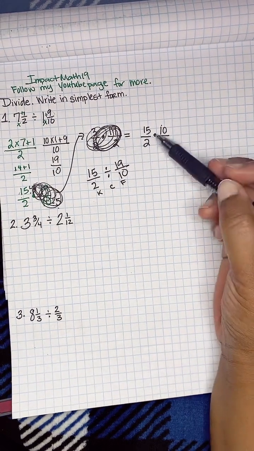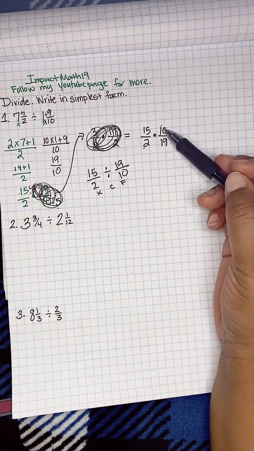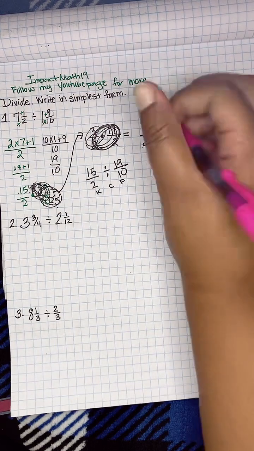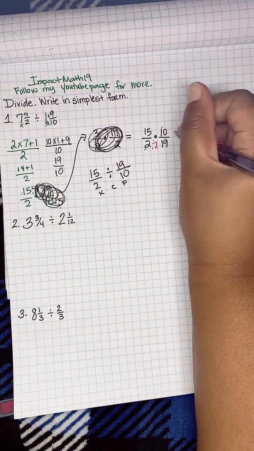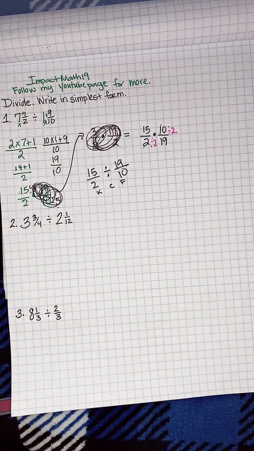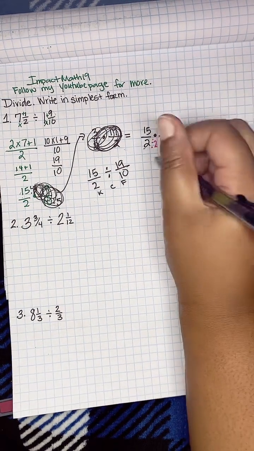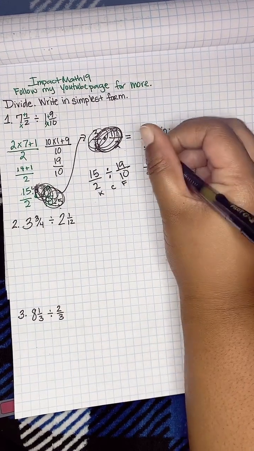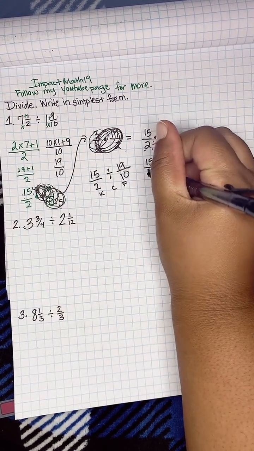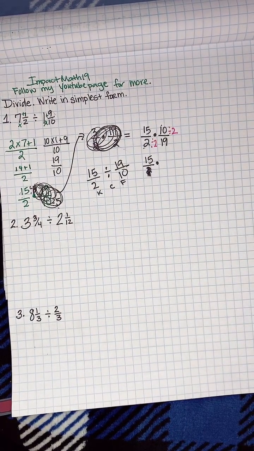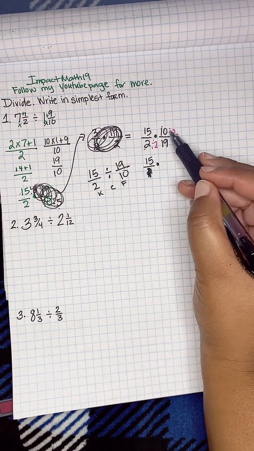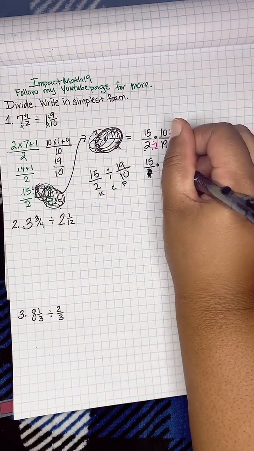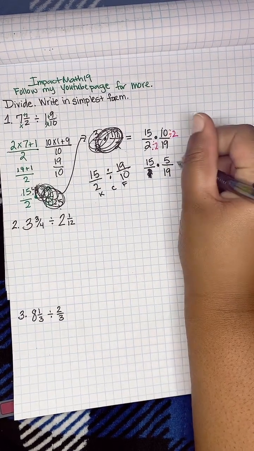So now we can cross simplify here by dividing this by 2 and dividing this by 2. So we would end up with 15 over 2 times 2 divided by 2 is 1. Ooh. Oh, that must mean I'm getting tired, y'all. I'm making mistakes. 10 divided by 2 is 5 over 19.